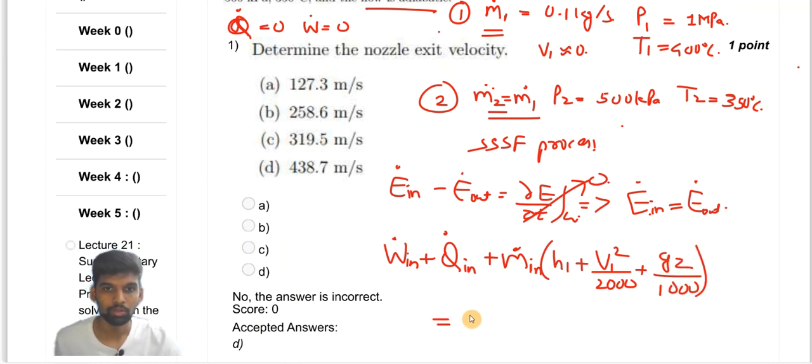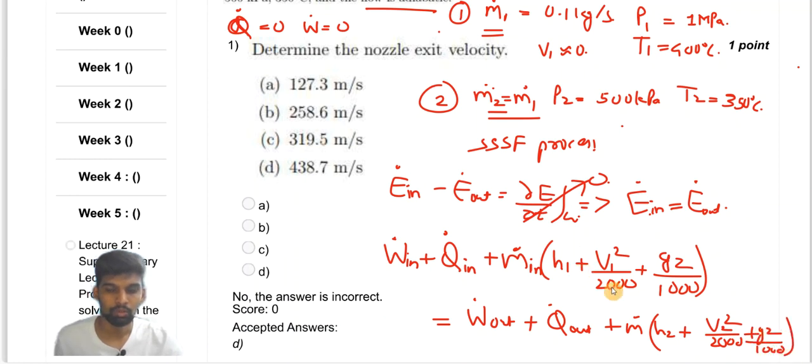Same thing here, that is W dot out plus Q dot out plus m dot times h2 plus v2 square by 2000 plus gz by 1000.